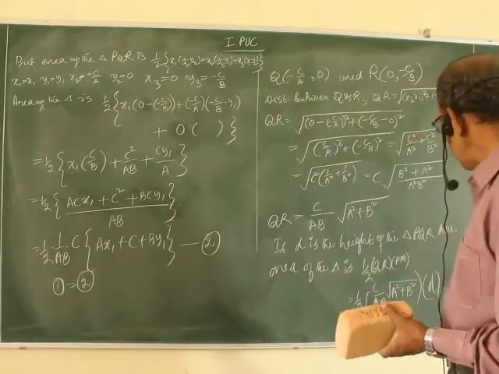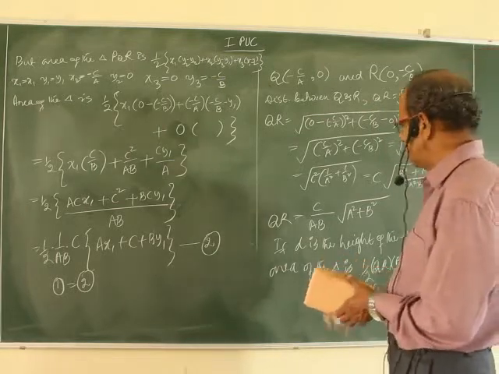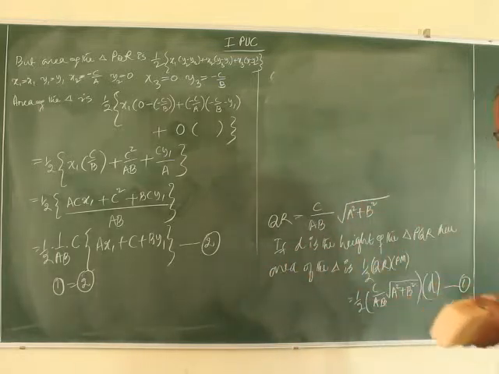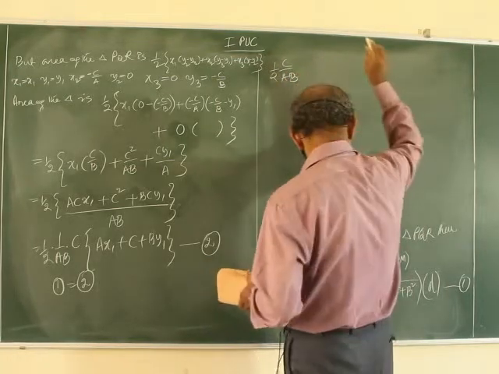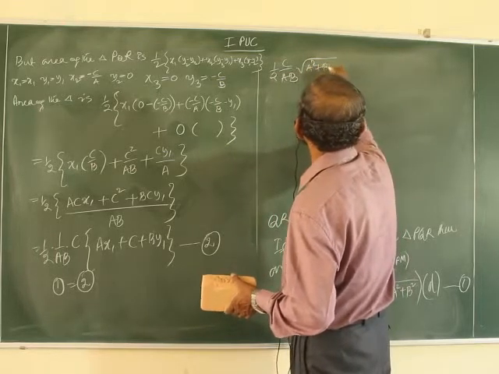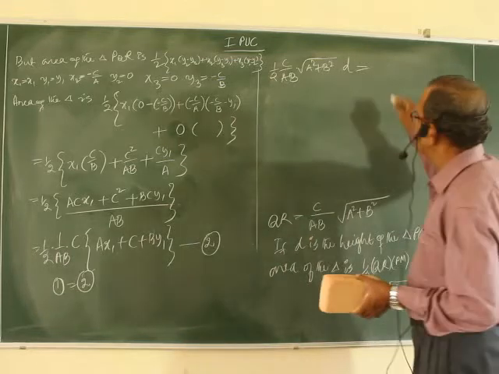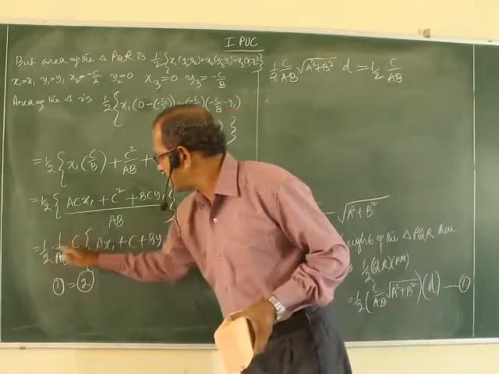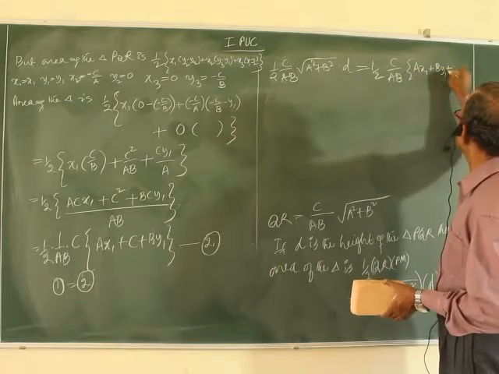That means half into c by ab into root of a square plus b square into D equals half into c by ab into (a x1 plus b y1 plus c).